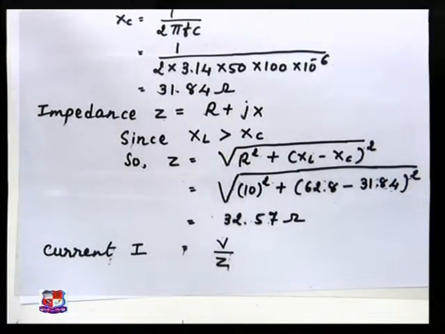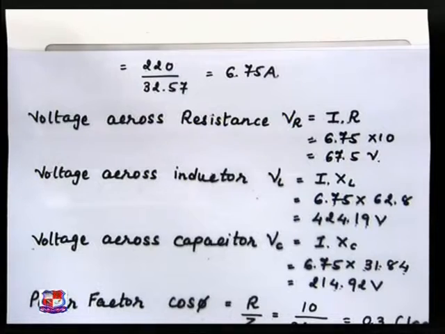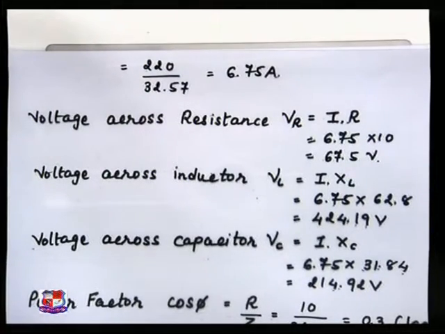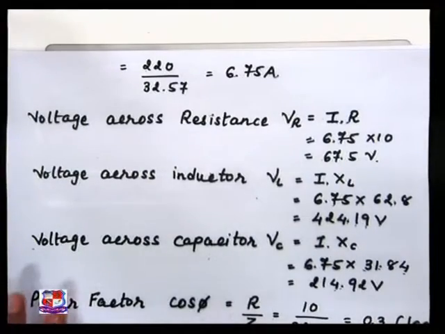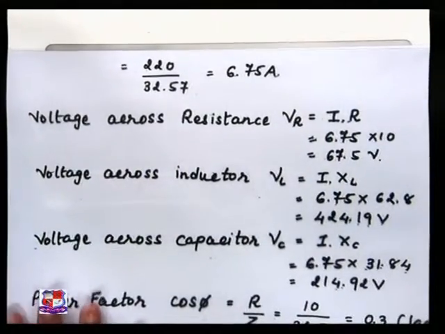Value of voltage V is given, it is 220 volt. So put the value of voltage and impedance, so you can find the value of current. So it is 220 divided by 32.57, it is our impedance. So your answer for current is 6.75 ampere.